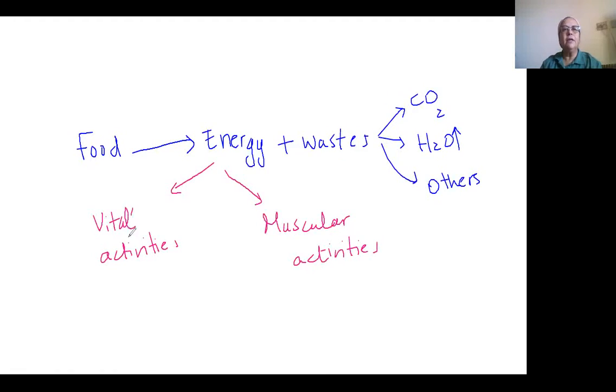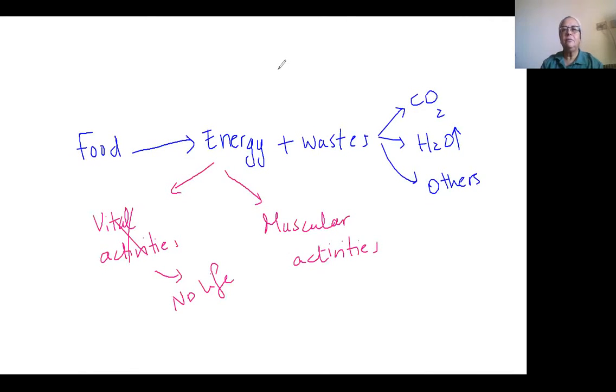So without vital activities, there is no life. Examples of these vital activities: pumping of the heart, movement of the blood inside the blood vessels, digestion of food, movement of the intestines. And the muscular activities are any action that we perform, writing, running, walking, chewing of food is a muscular activity because we use the muscles of the face, of course.